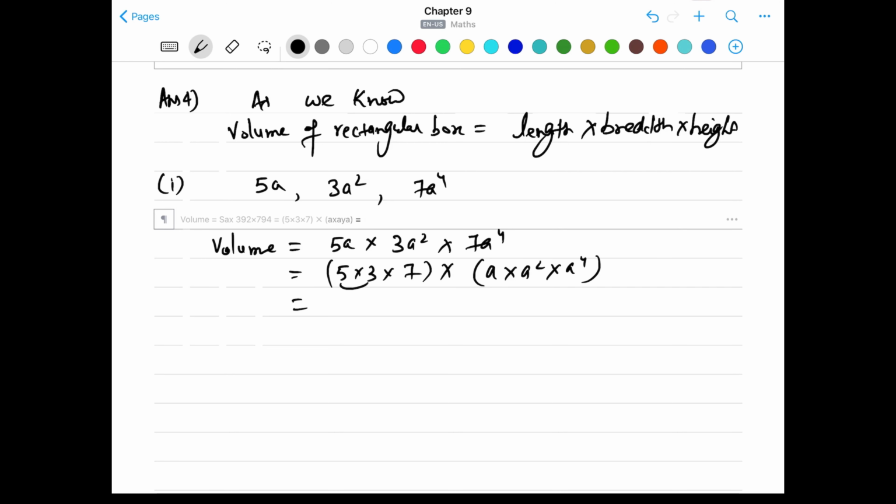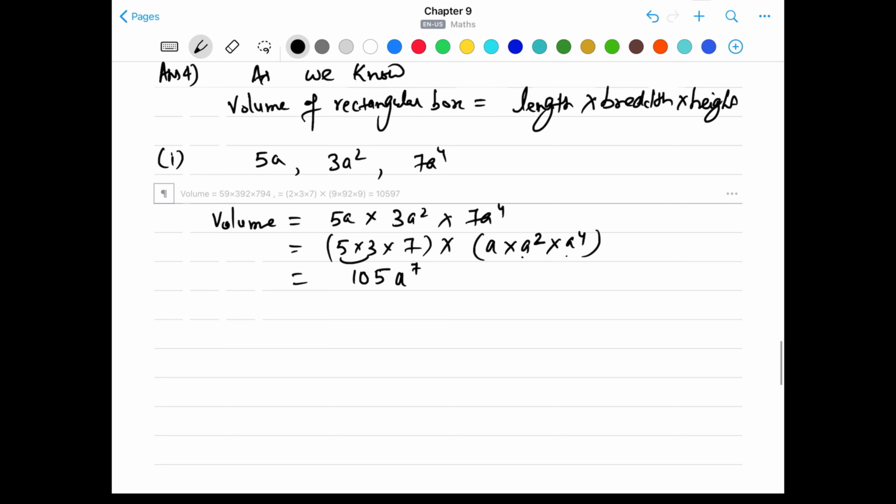Okay, so this 5 into 3 will give us 15. 15 into 7 is 105. Okay, and this a into a square into a power 4, when you multiply them, the power of a will be added. So we have 4 plus 2 is 6 plus 1 is 7, so we'll have a power 7. Okay, so that's the volume for the part 1.